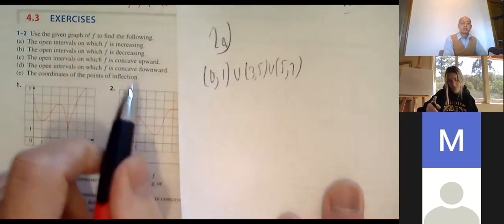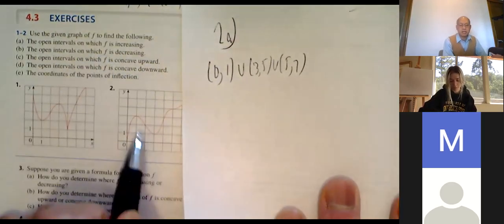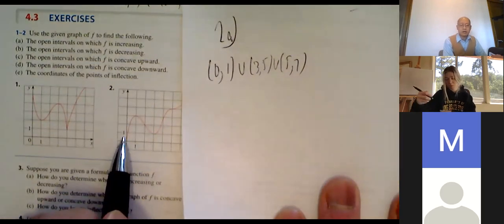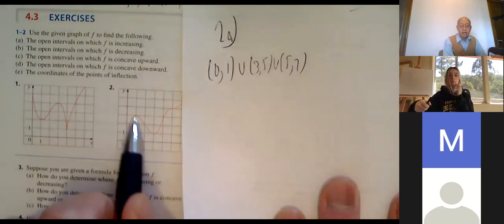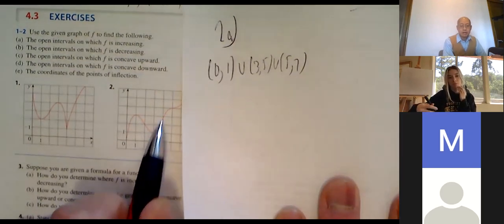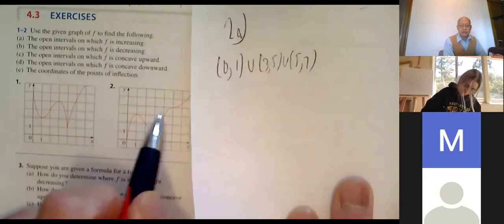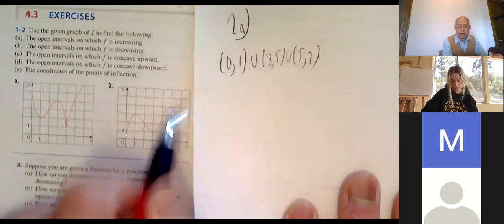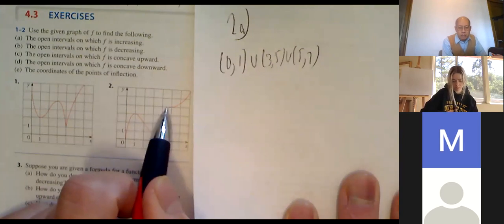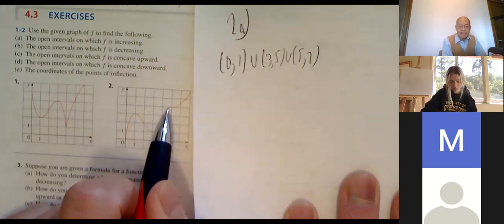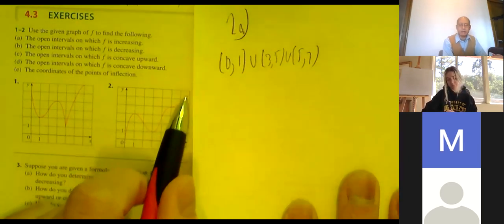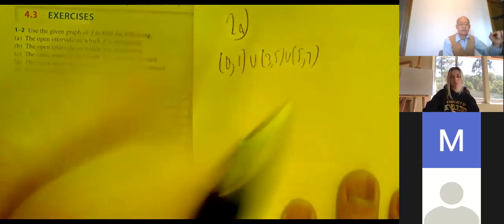That's where the function is increasing. We only give the x values. When x goes from 0 to 1, now this would be decreasing. So from 3 to 5, and then 5 to 7. Right at 5, you might say, how come I just go from 3 to 7? Right at 5, what's the slope? 0, right? So technically, it's not increasing here. It levels off just for a split second, and then it goes back up. So I have to write it like this.